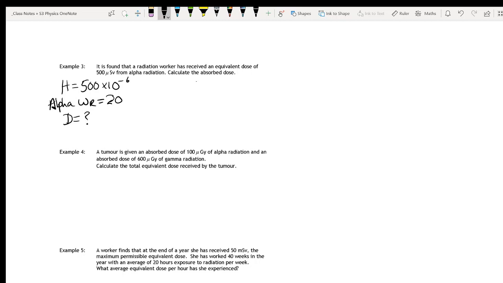So you should be using this equation. Equivalent dose is absorbed dose times by the radiation weighting factor. You can't use this one because you don't have energy or mass.